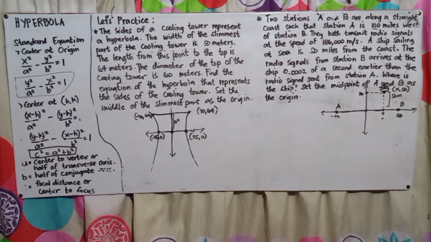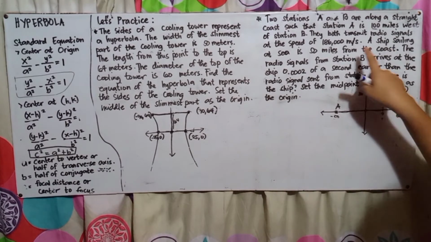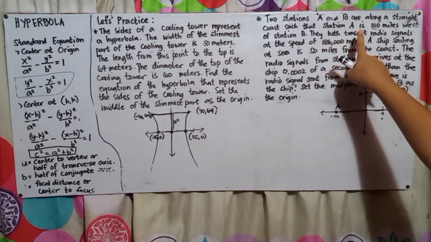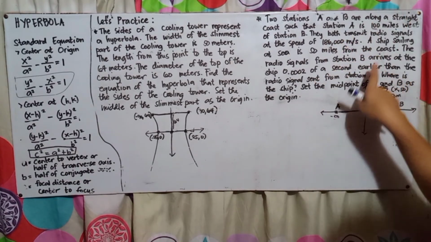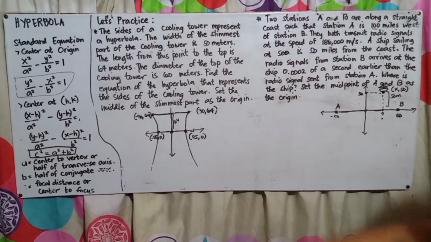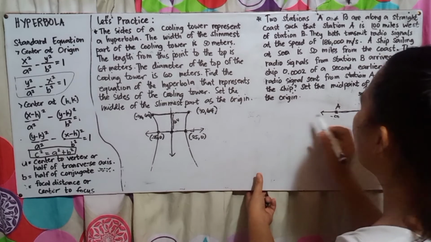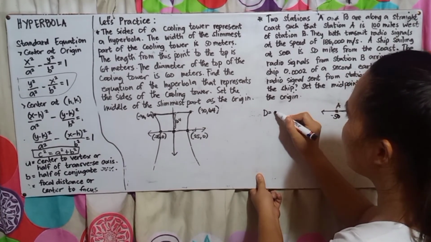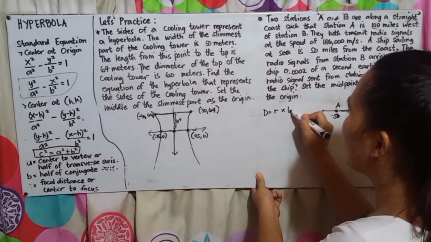So take note, given the rate and the time. The rate is 186,000 miles per second. The time is 0.002 second. Take note of the formula for distance. The formula for distance is rate times time.